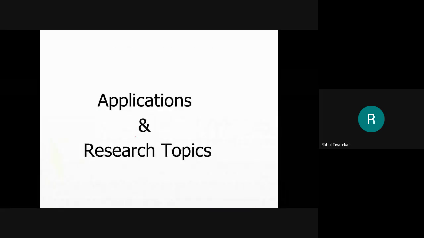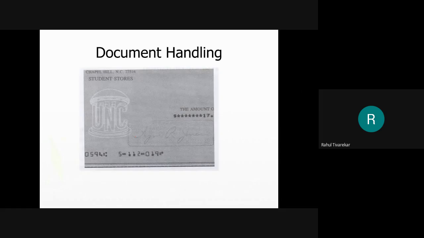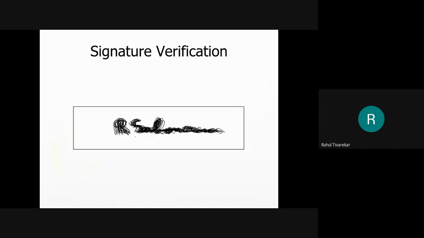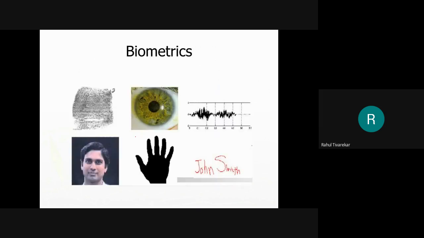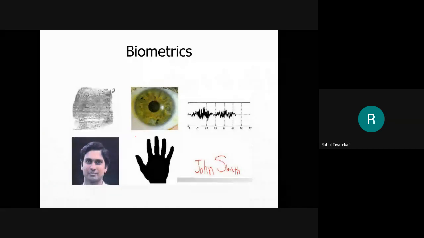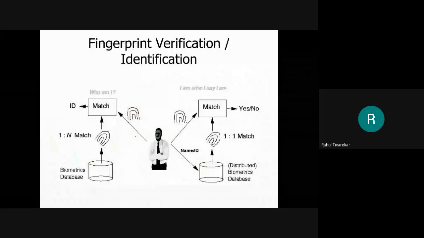There are various applications of image processing. We are not going into details of that, but you can simply have a look. Document handling, such as digital signatures and signature verification. It can be used in biometrics, where iris recognition, hand recognition, face recognition, thumb scan, and signature recognition are used.